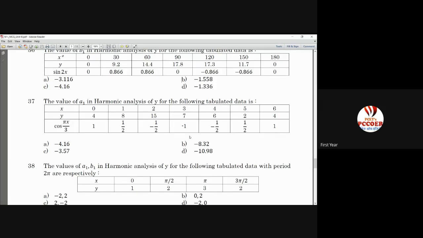The answer is not there in the option only. What answer did you get? Minus 1.16.